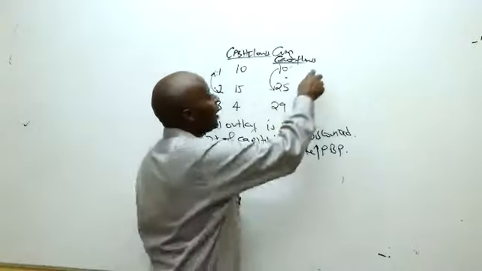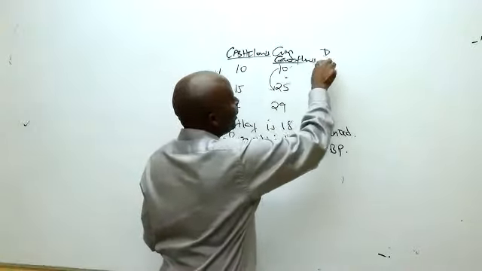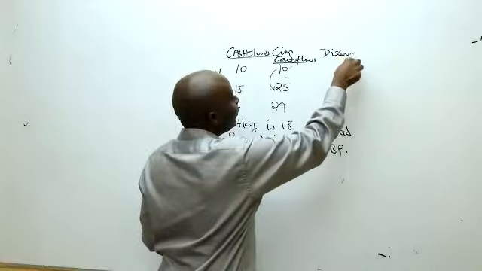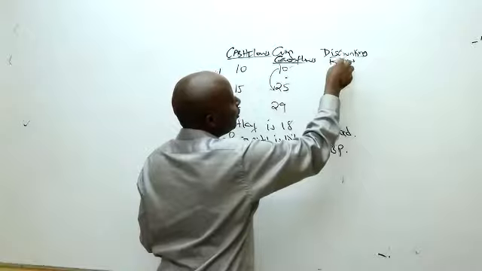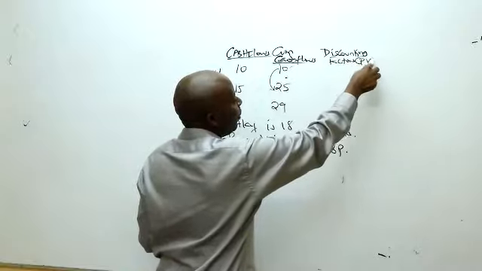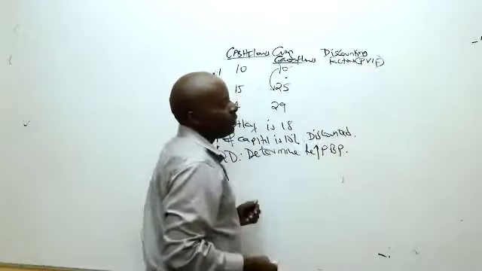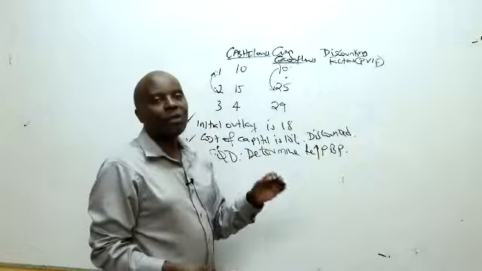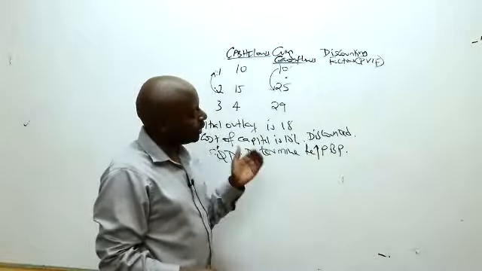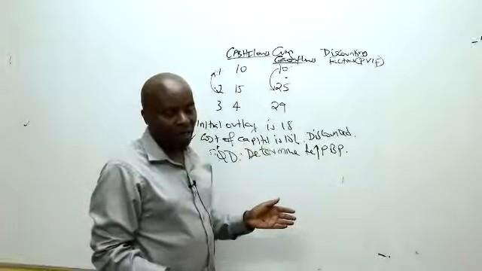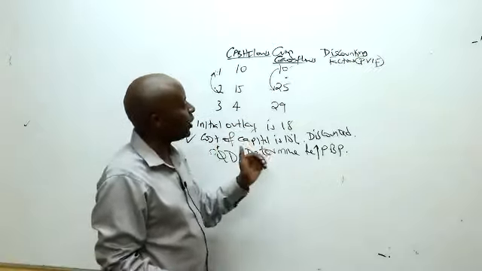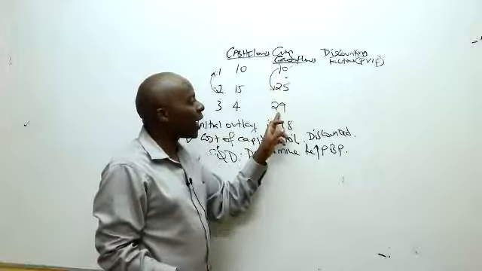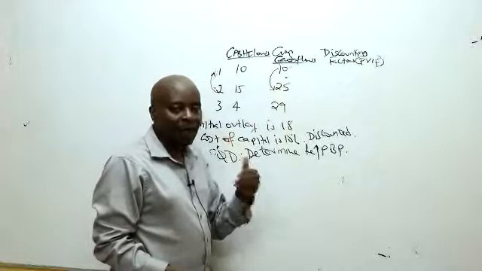So come here and give us the discounting factors. These discounting factors, basically, they will be our PVF. PVF is present value interest factor. And if you can recall, why are we making use of PVF here? We are making use of PVF simply because our cash flows are fluctuating.